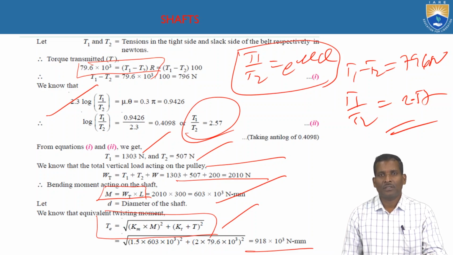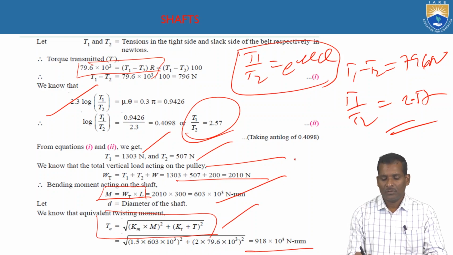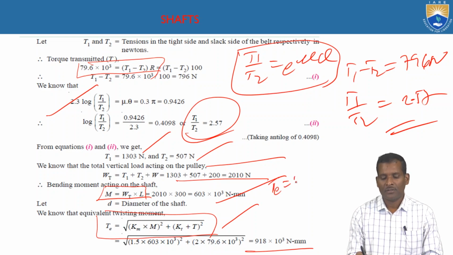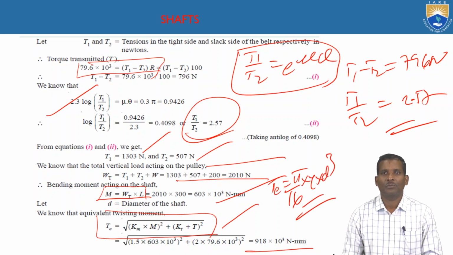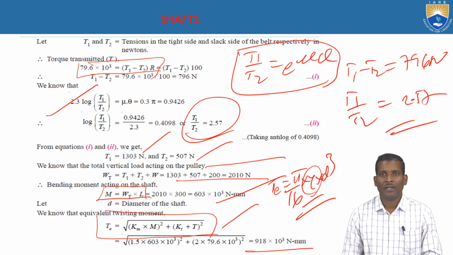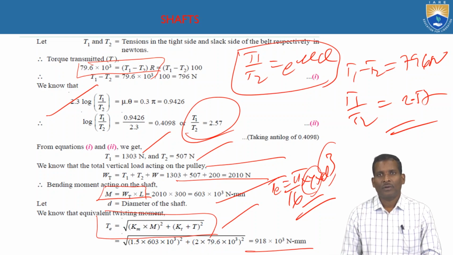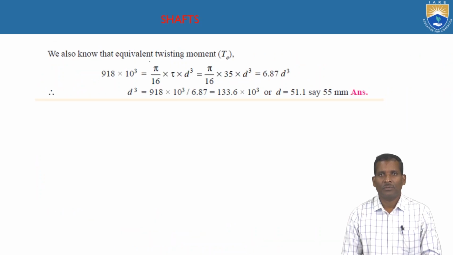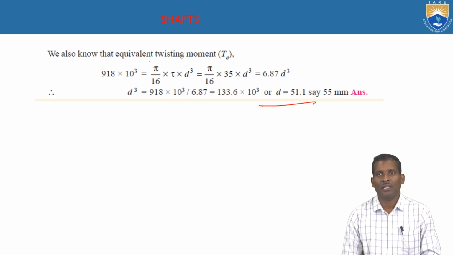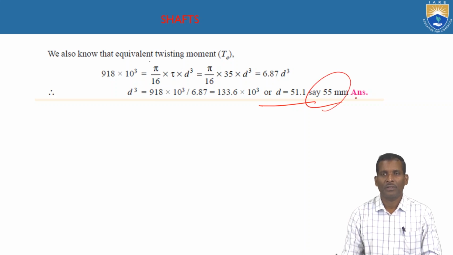So now this equivalent twisting moment equate to T E is equal to pi by 16 into tau into d cube. Clear? So shear stress value is given and then d need to calculate. So equivalent twisting moment equate and d is the final value 51.1. So you can say this standard value 55.